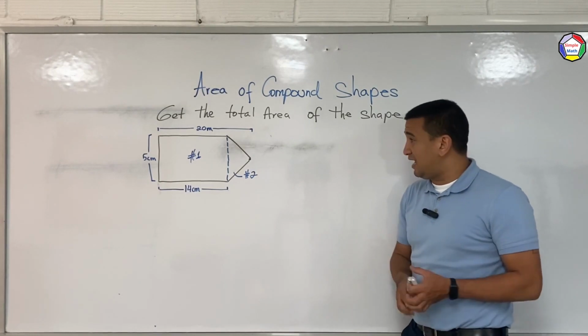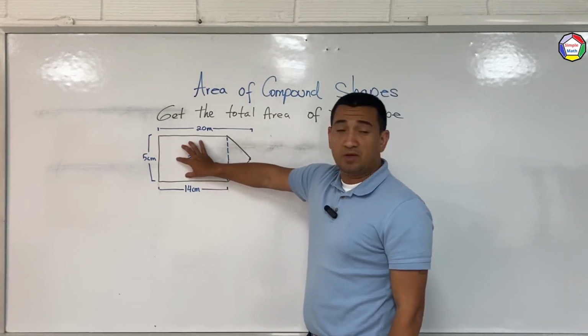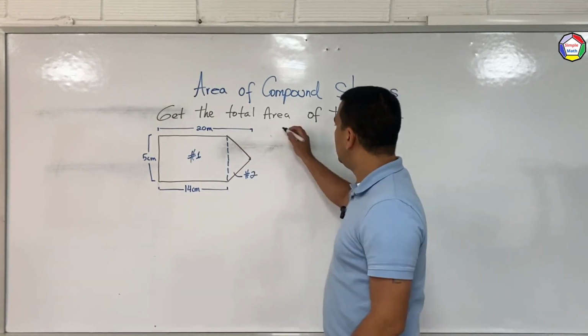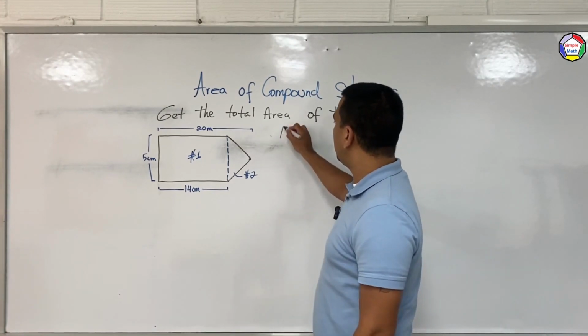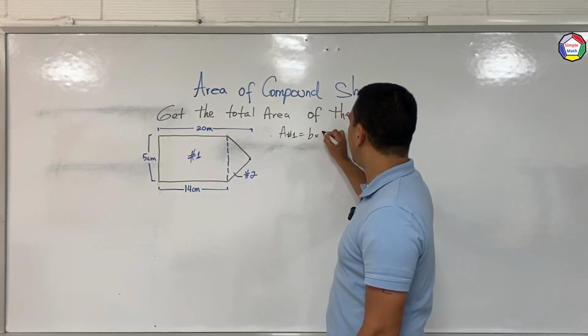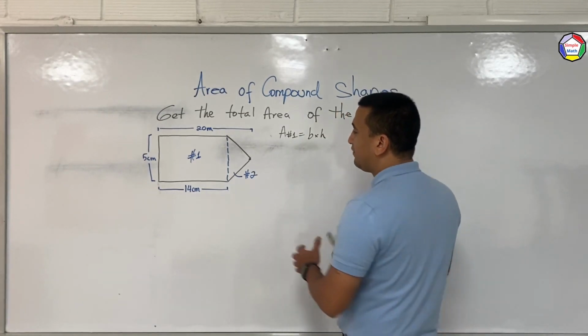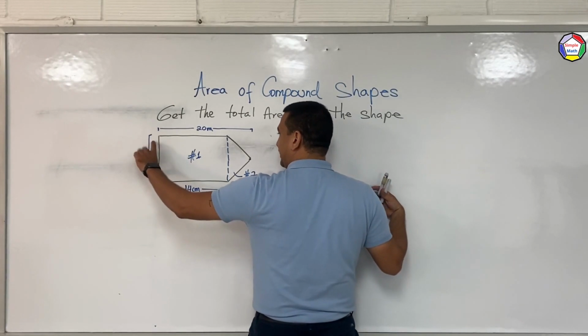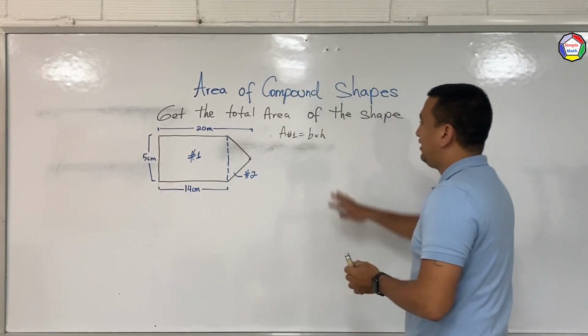So let's calculate the areas. The area of the shape number one is a rectangle, so the area is base times height. Here we have the base and we also have the height, so we can calculate that.